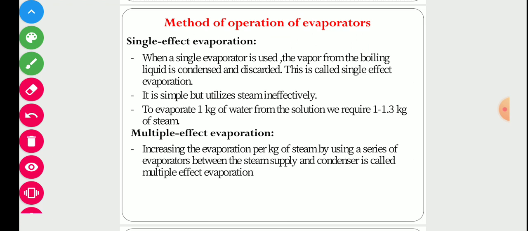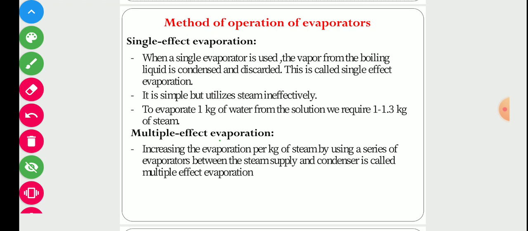So the evaporators are operated in two different ways. One is single effect evaporation. The second is multiple effect evaporation. In the single effect evaporator, we have only a single unit, and the material has to pass through this single unit of evaporator, and we get a concentrated solution.